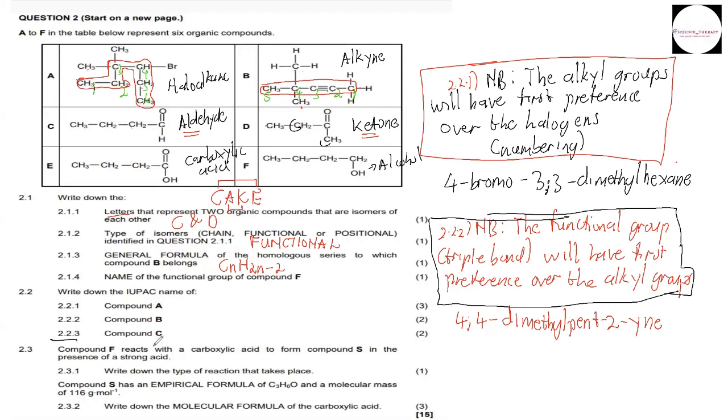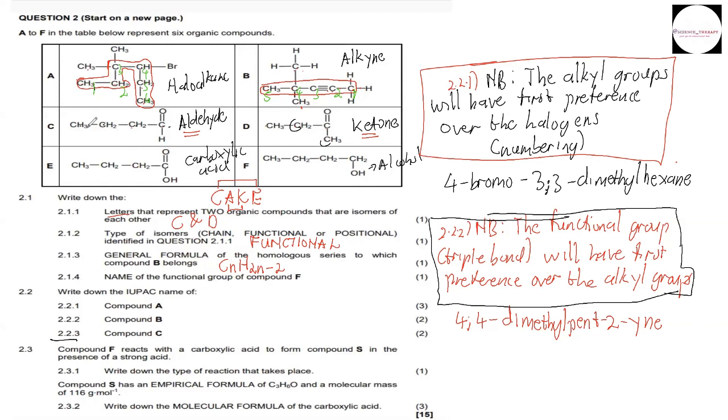Then 2.2.3, compound C. Now, compound C is an easy one. You can even see the 2 marks. This is 1, 2, 3, 4, right? And then remember, with an aldehyde, there is no positioning of the functional group, because the functional group will always be on the first carbon.